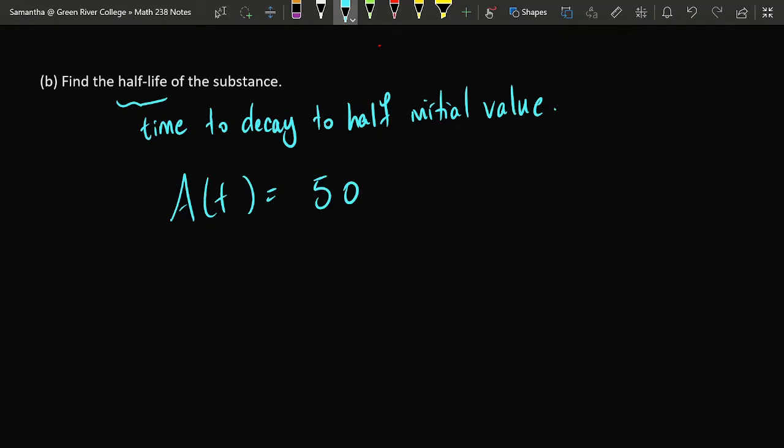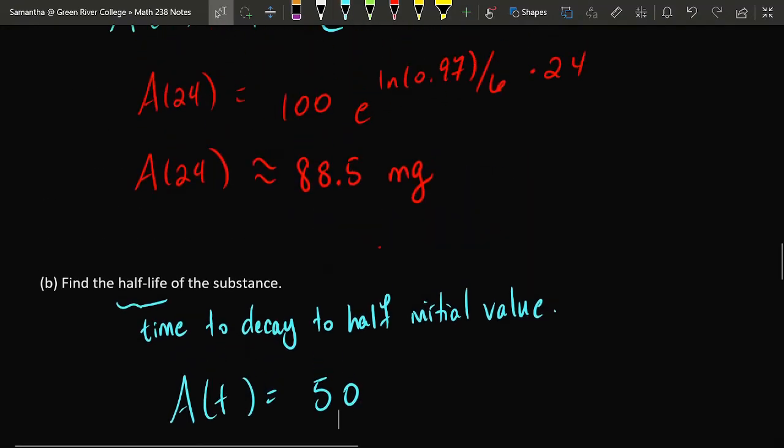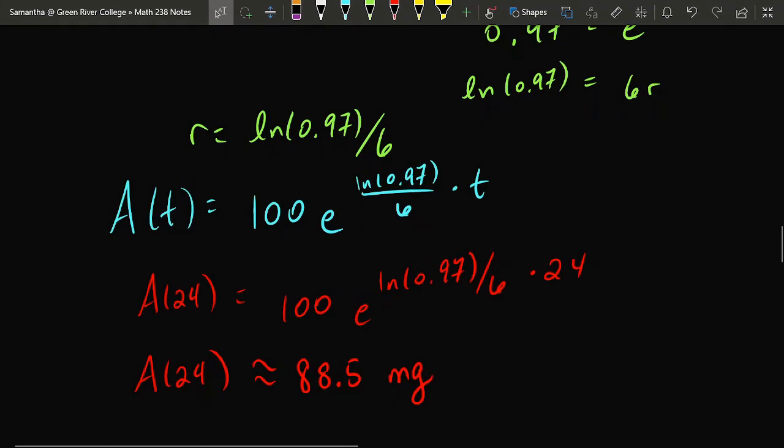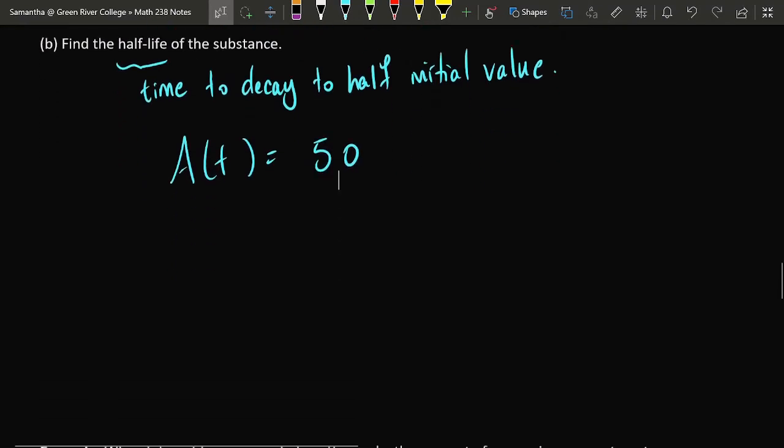But now that we've got our ODE completely solved and filled out, all that we need to do is go grab it, stick 50 in for the output, and then solve for t.